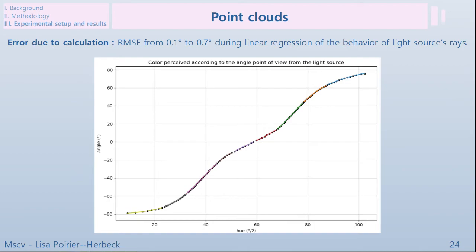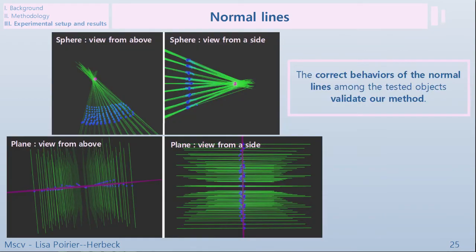Plus, we have to consider errors due to calculation. Indeed, the root mean square error varies from 0.1 to 0.7 degrees during the linear regression of the behavior of light source rays. By the way, thanks to simulation, we are able to observe the normal lines, here in green. By observation, their correct behavior among the tested objects validates our method.